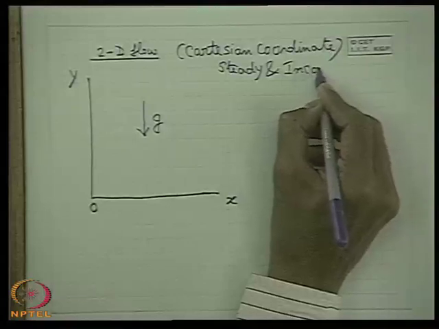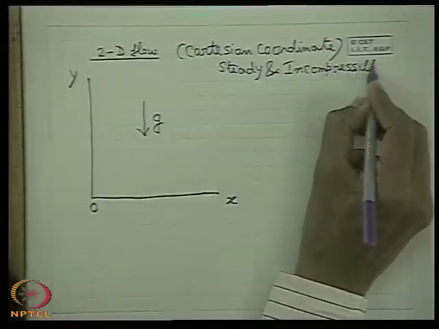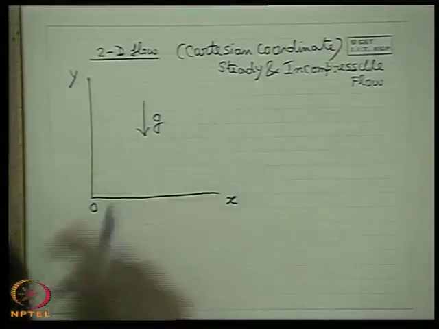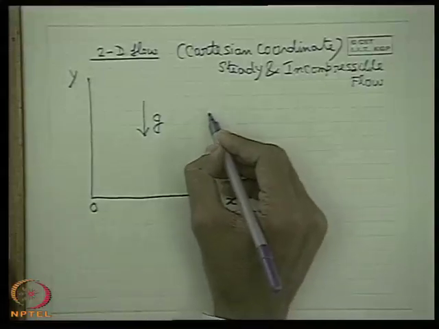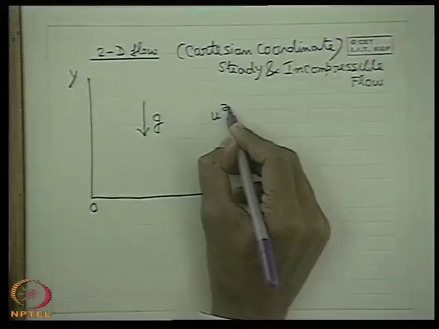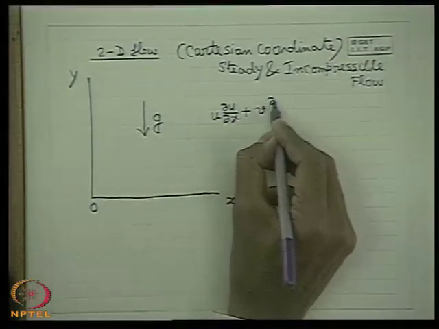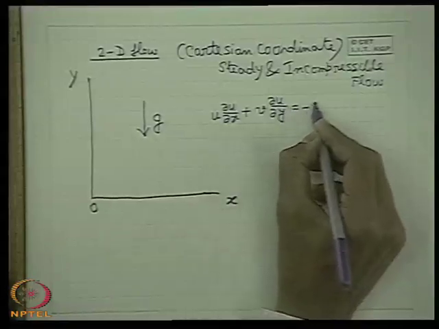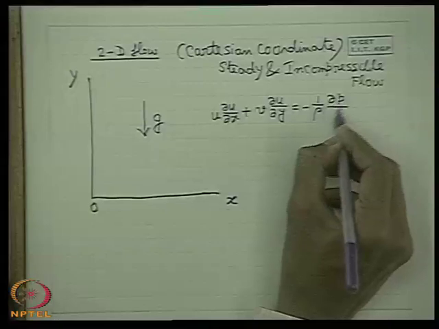If we consider a steady and incompressible flow, then if we recall the equation of motion, that is Euler's equation, we can write that for a steady flow the temporal derivative will not come: u del u del x plus v del u del y is equal to minus 1 upon rho del p del x, if you recall.